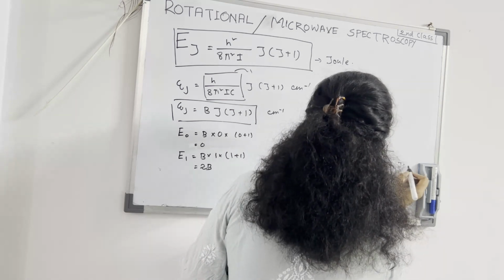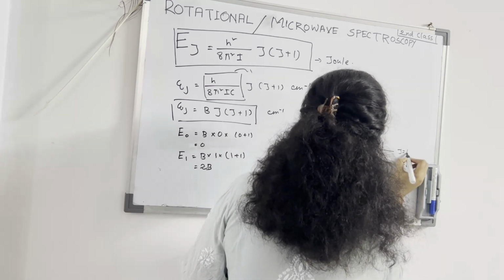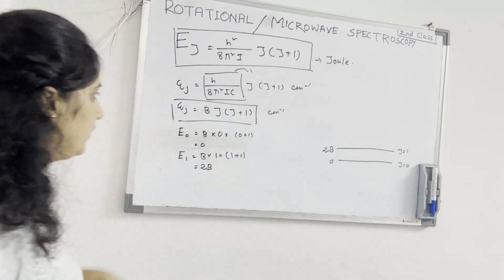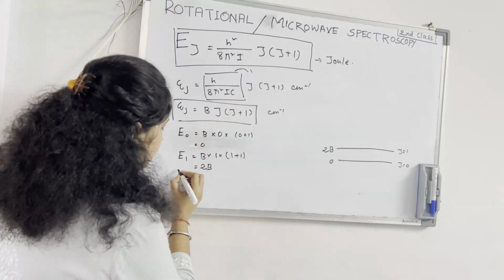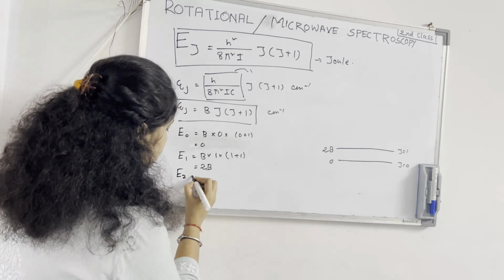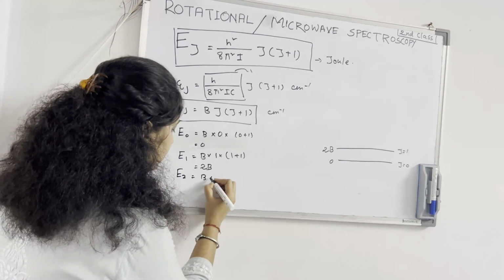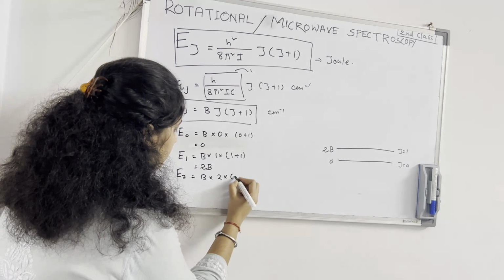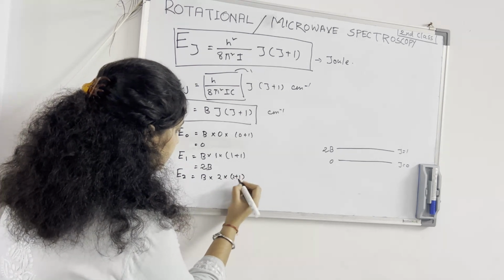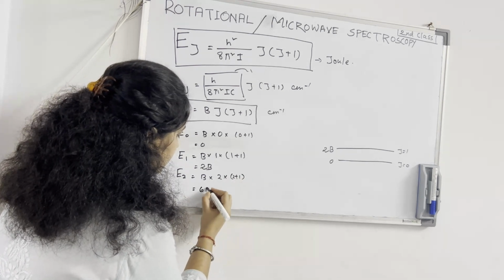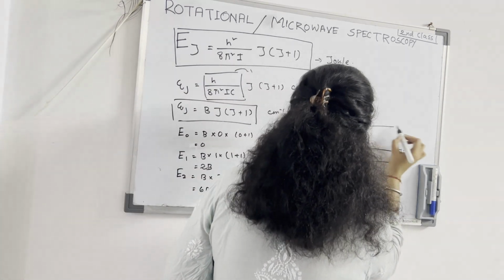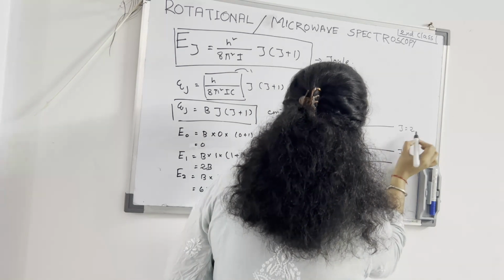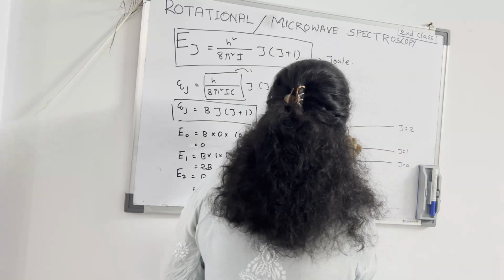Here J is equal to 0, here J is equal to 1. Now when J is equal to 2, then what is the energy? That is E2 is equal to B into 2 into 2 plus 1, that is equal to 6B.